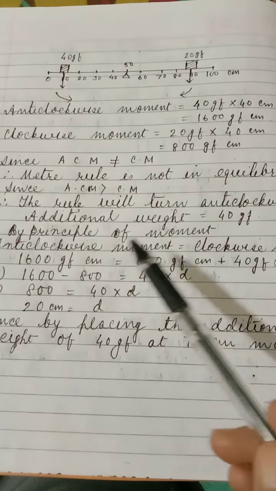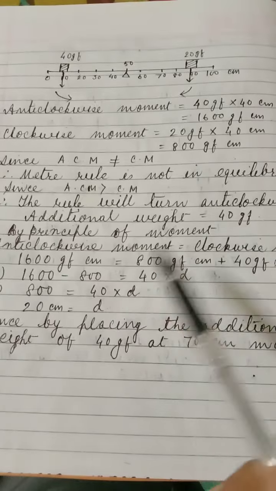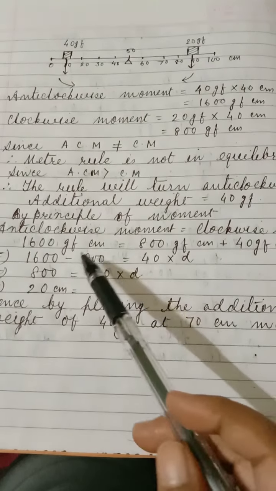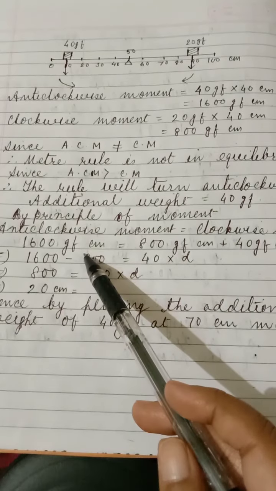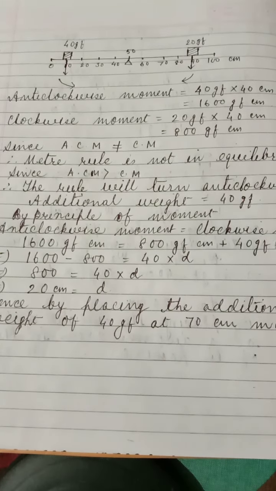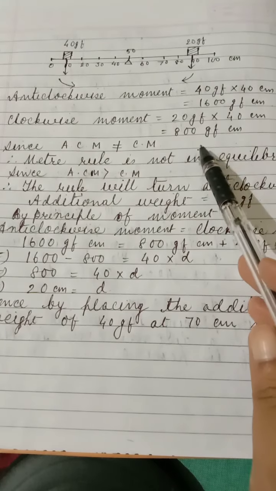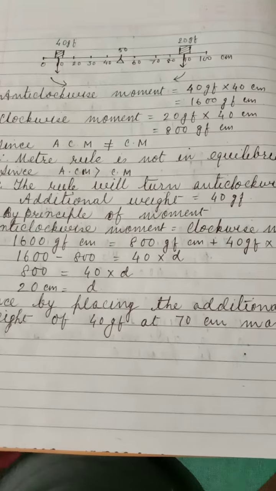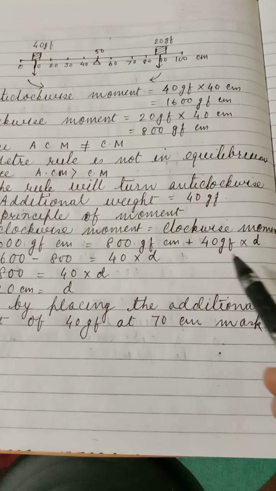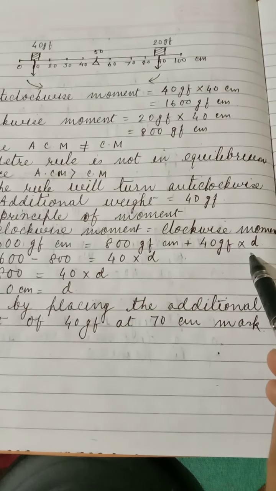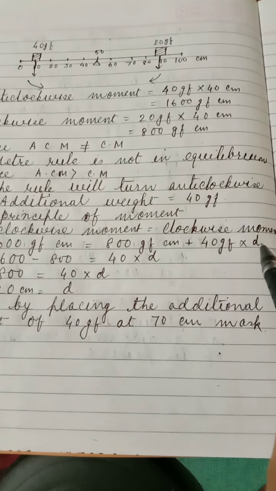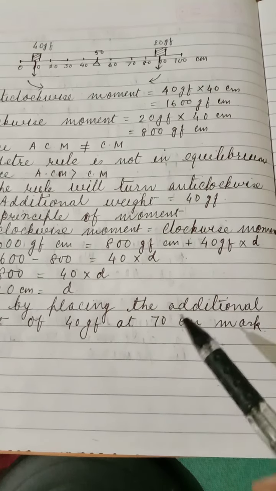Now by the principle of moments we know the anti-clockwise moment equals the clockwise moment. The anti-clockwise moment is 1600 gf centimeter, and the clockwise moment equals 800 gf centimeter, which is already there, plus 40 gf additional weight into D. At some distance we have to find out, because for moments, always remember, the formula is force into distance.